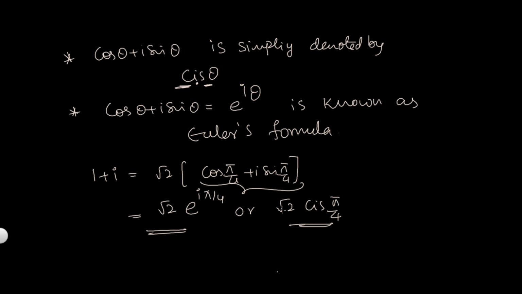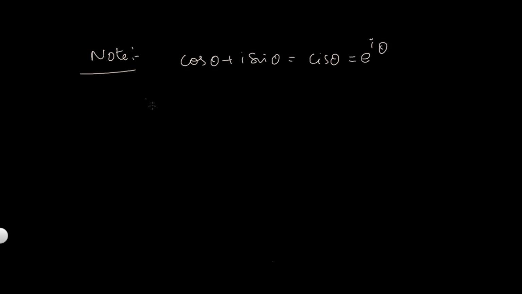Next, same thing in the modulus amplitude form. Cos theta plus i sin theta we can always write as cis theta or e to the power of i theta. In the same way, cos theta minus i sin theta you can write as cis of minus theta, that is cos of minus theta plus i sin of minus theta.